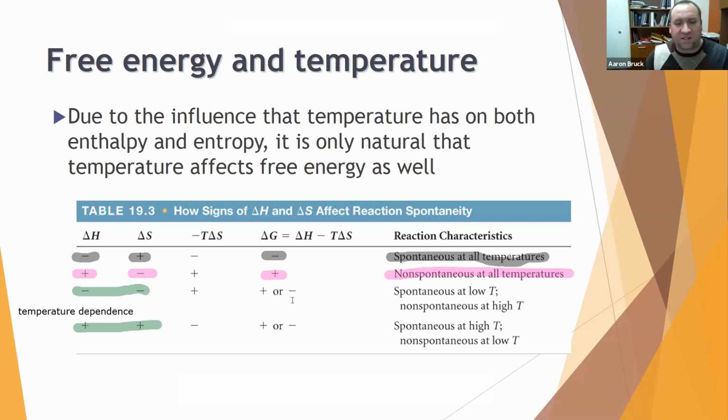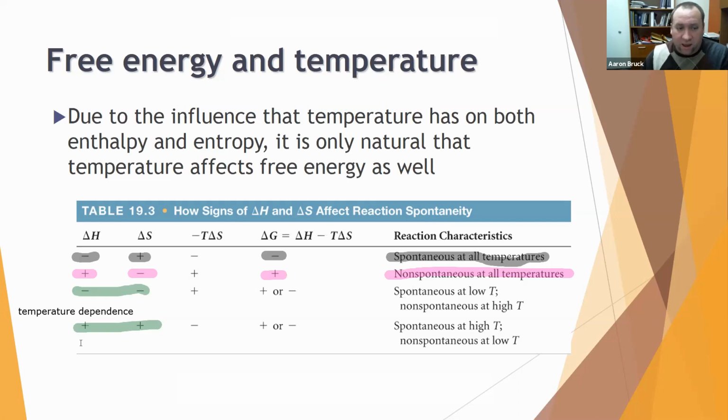What we see in delta G is going to depend on what the value of T, the Kelvin temperature, is. If we have something that is exothermic, but entropically disfavored, then this reaction is spontaneous at low temperatures. And once we get up to a high enough temperature where that entropy change is significant, it's going to flip to being non-spontaneous.